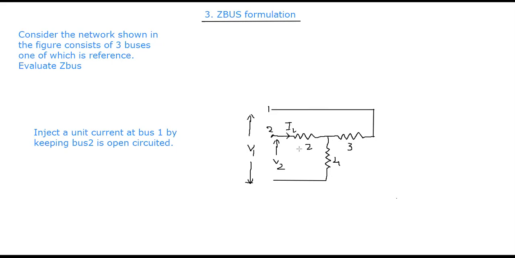Now this is the case. This is I1. In this particular case, you inject a unit current at bus 1 by keeping bus number 2 open.